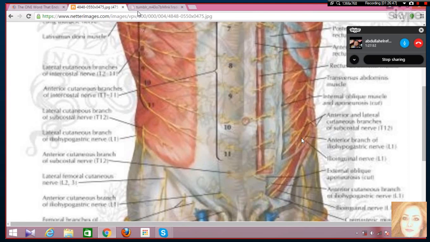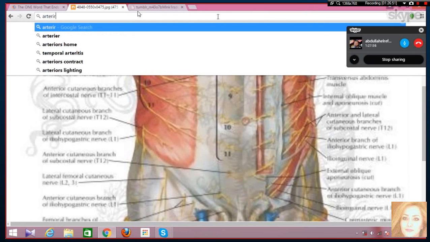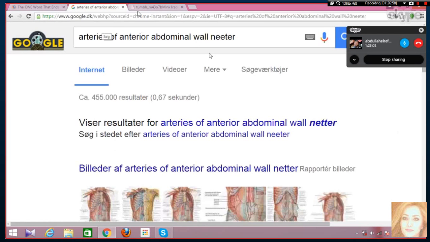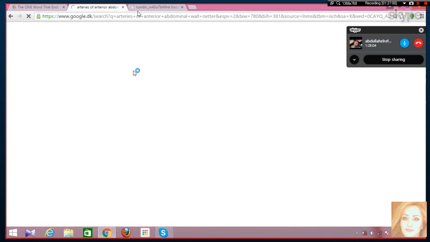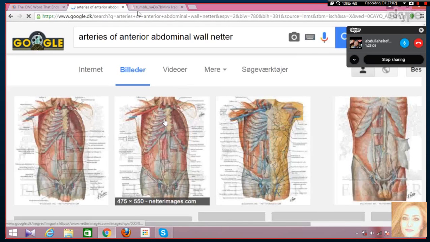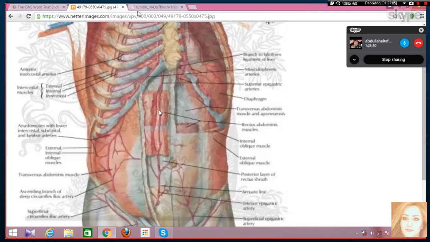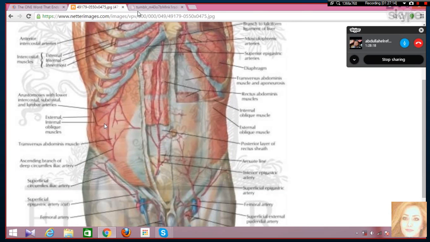Which arteries do we have? We have the superior and inferior epigastric arteries. Where do you get the superior epigastric artery from? Internal thoracic artery. Exactly. Here we have the superior epigastric, a branch of the internal thoracic, and laterally the musculophrenic, which also gives some branches here.